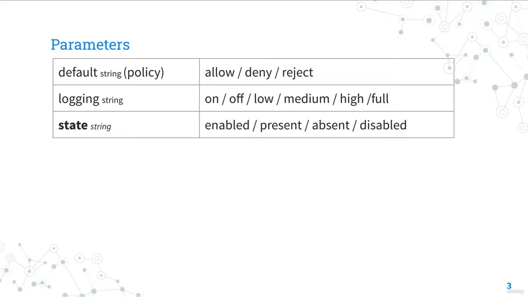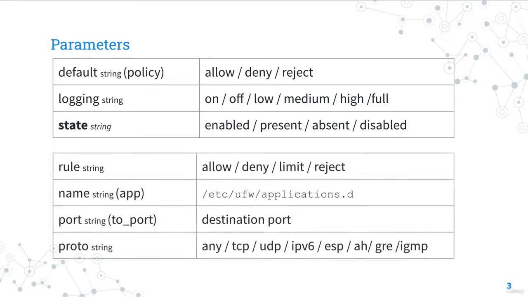Now let's move to four rule-specific parameters. The rule parameter adds a firewall rule with four options available: allow, deny, limit or reject, that, as you could imagine, are the state of a single rule.